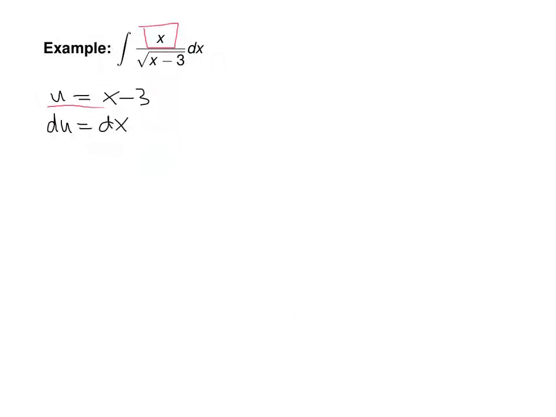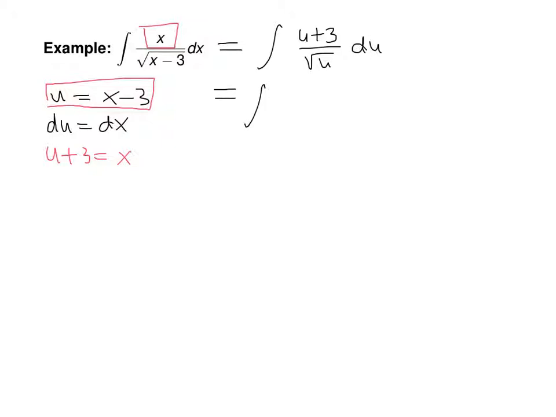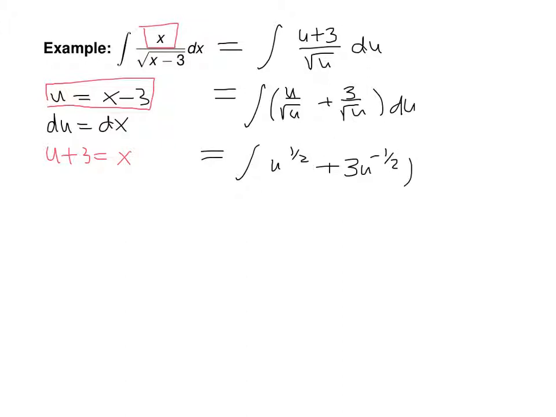But you can use your substitution, solve that for x: u plus 3 is equal to x. And this integral becomes the integral of u plus 3 over root u du. And you can actually do this because you can break this up into u over root u plus 3 over root u, which is u to the 1/2 plus 3u to the negative 1/2.